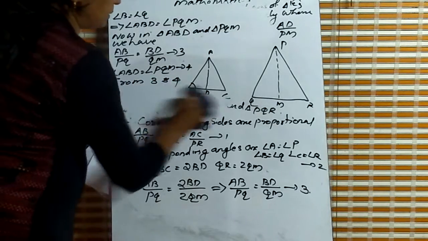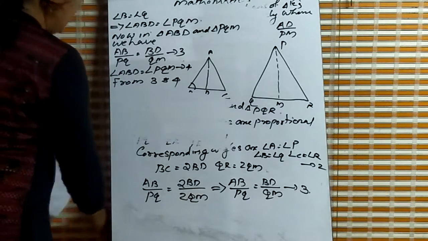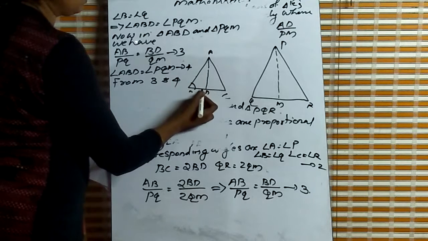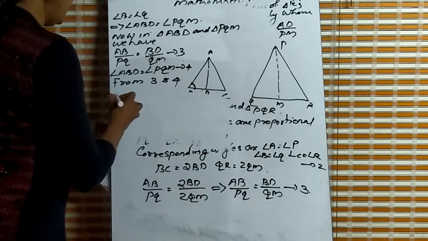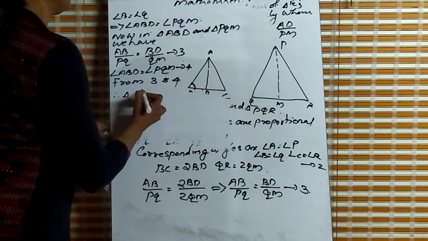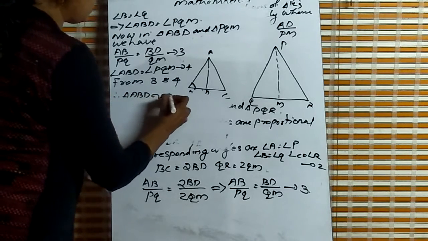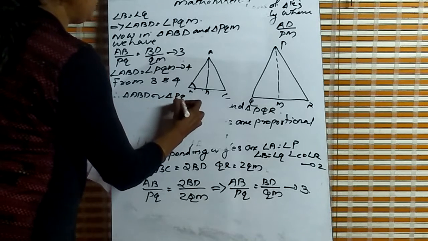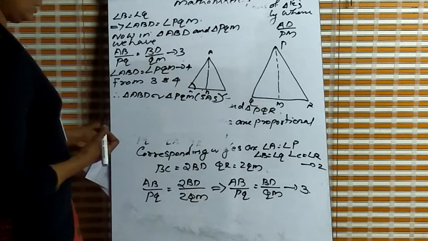Two sides are proportional and one angle equal. Yes, sides including these two sides are proportional and including angle is equal. That means therefore triangle ABD is similar to triangle PQM by SAS similarity criterion.